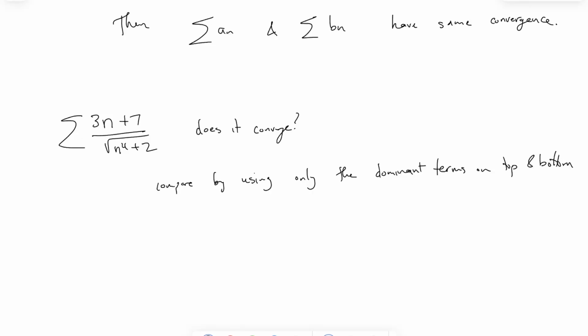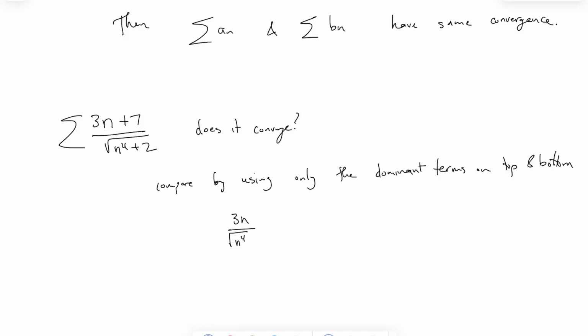This means the most significant terms. It usually means something like the highest power of n. So I'm going to consider on the top just the 3n. I'm going to ignore the 7. And on the bottom, I'm going to ignore the plus 2 and take just the square root of n to the 4. All right? These are the dominant terms on the top and on the bottom.